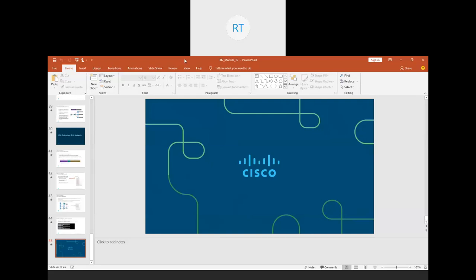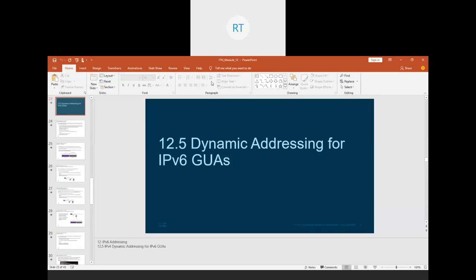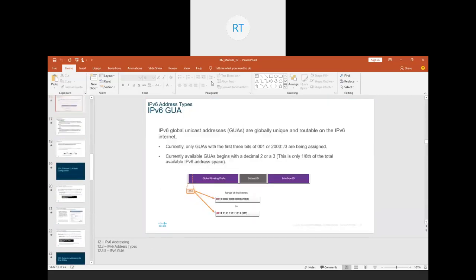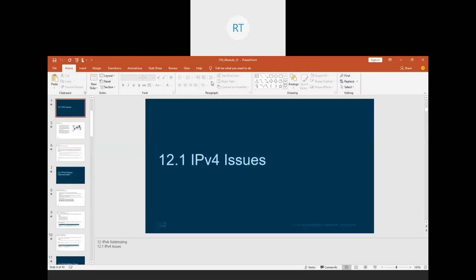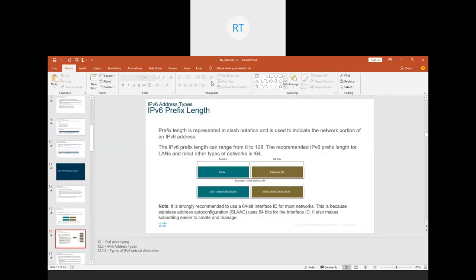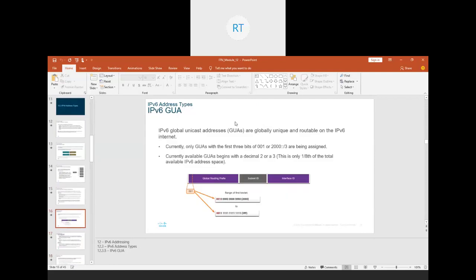In IP version 6, the subnetting is usually on the subnet ID. This is where you do the subnetting: where you have a global routing prefix from the ISP and then you want to create your subnets.